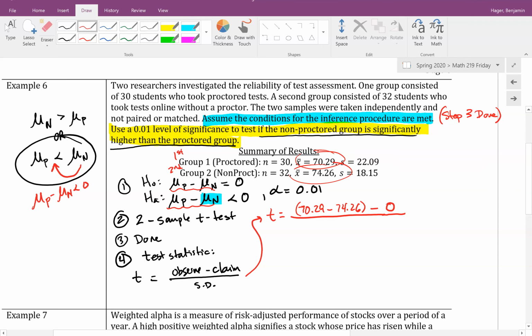And what we just saw on the previous page is the standard deviation basically adds up the standard deviation of each of these. It's the standard deviation of the proctored test squared over the sample size of that sample, and then the standard deviation of the non-proctored group squared over that sample size.